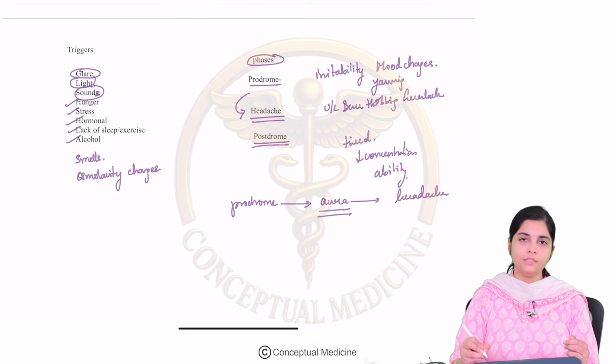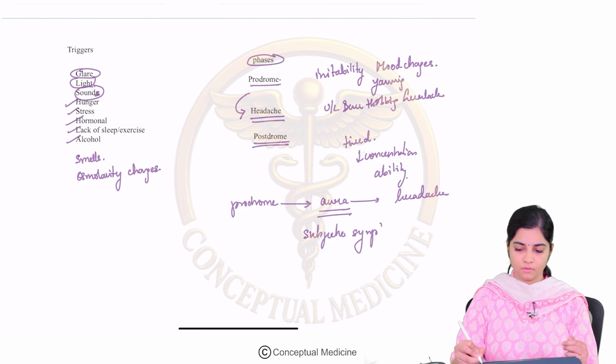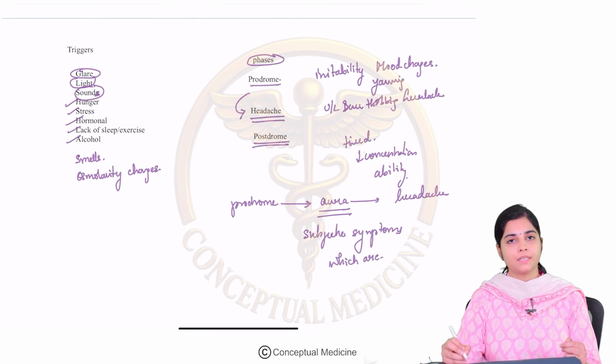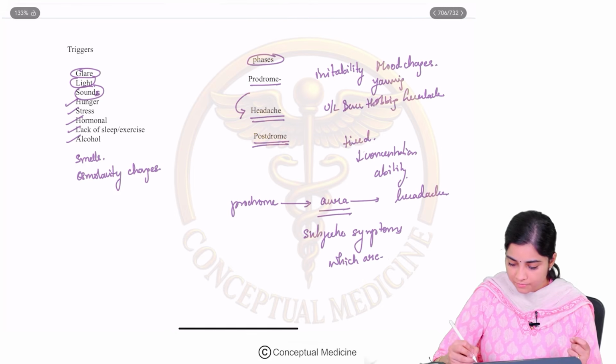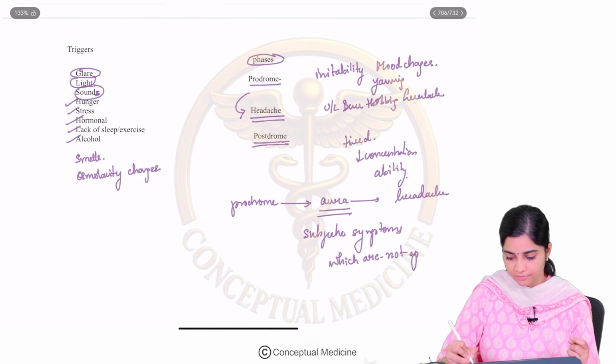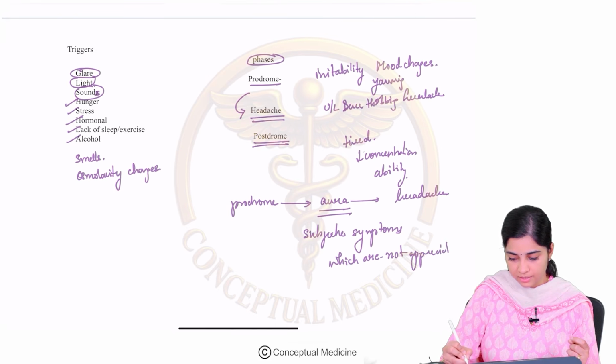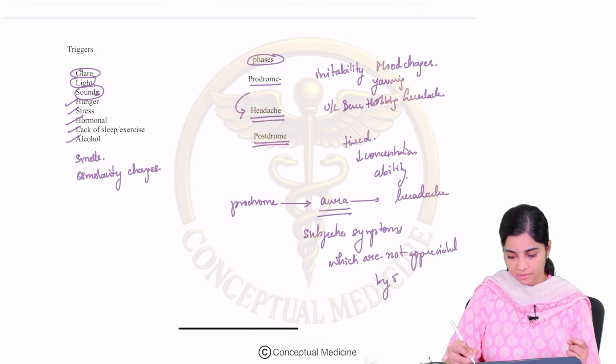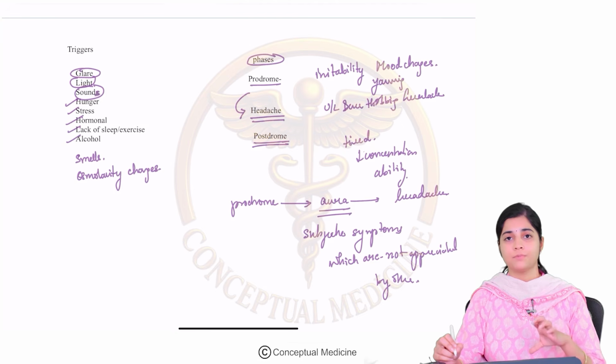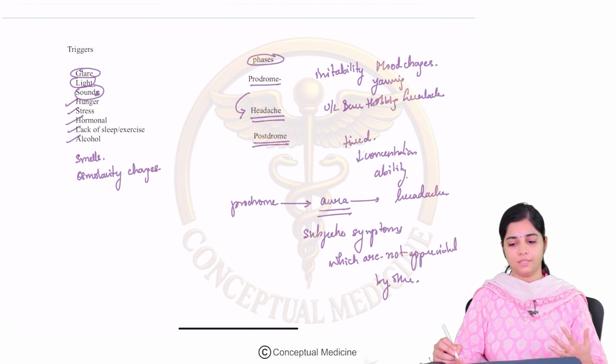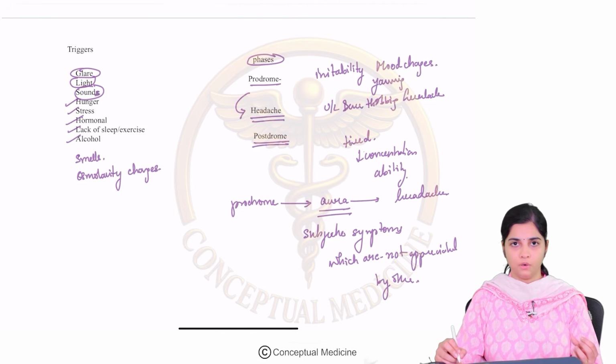So what happens in an aura? An aura basically refers to subjective symptoms which are not appreciated by others. The patient will have subjective symptoms which are not appreciated by others, and this is what we call an aura.